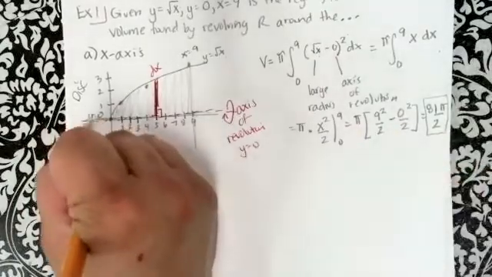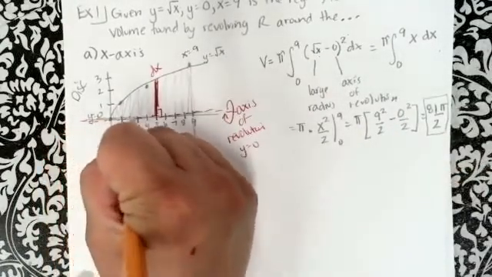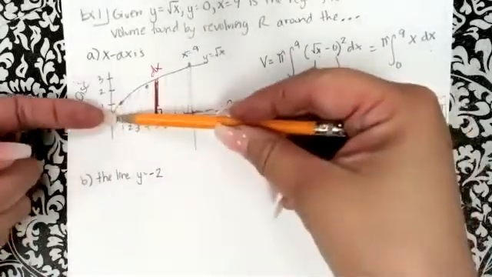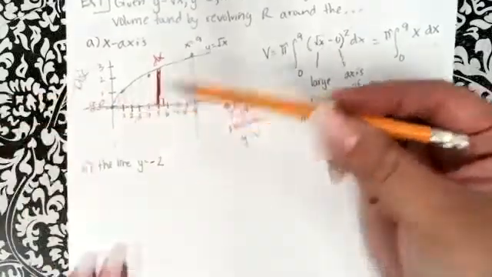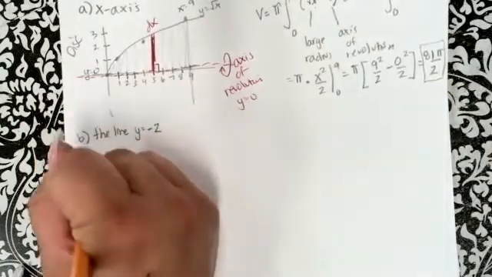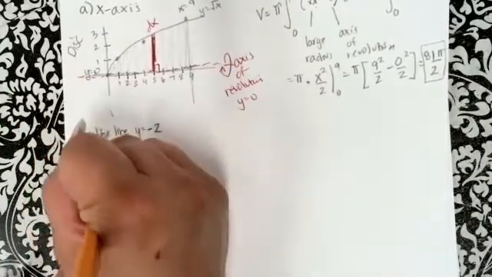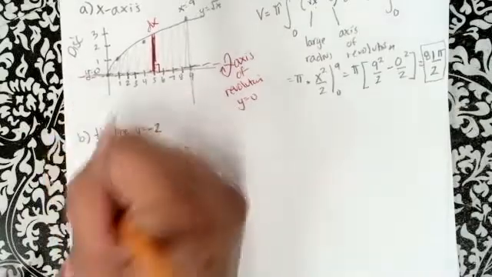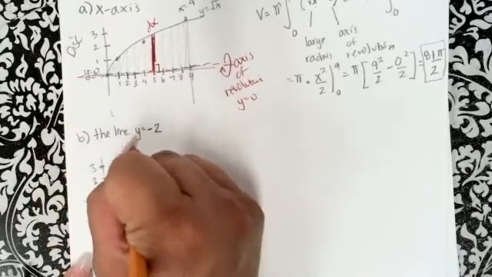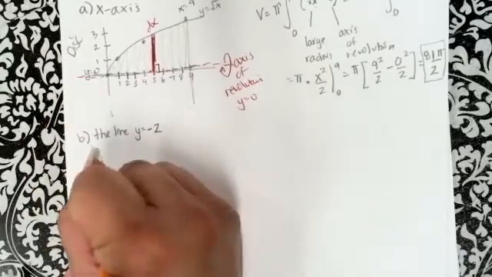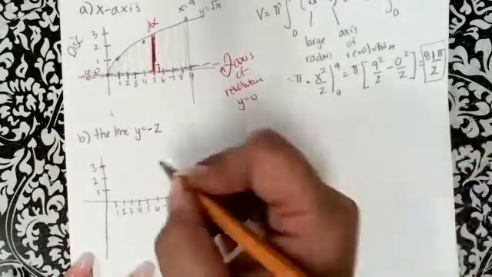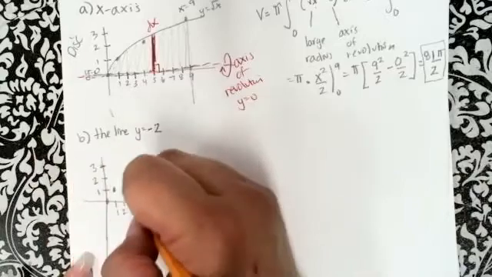I'm now going to revolve it around the line y equals negative 2. So y equals negative 2 is going to be down here now. So it's still going to be this solid. So I'm still going to draw the solid.